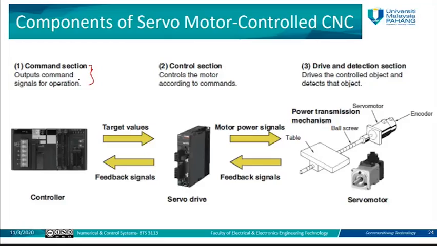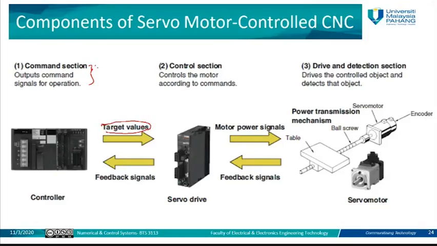This command section is going to give the input signal to the motor: what is the speed that we need and what is the position that we want. It will give the servo motor the command which defines the speed and also the location. We call these the target values or the reference values.